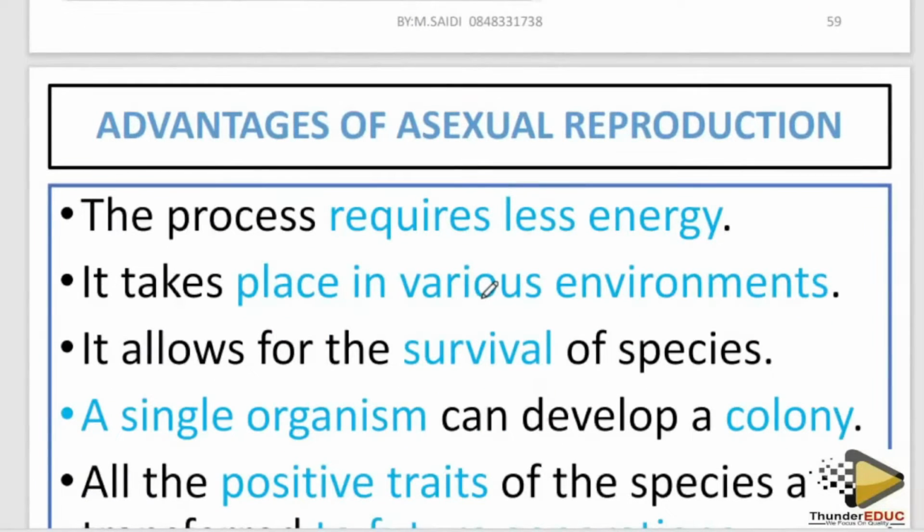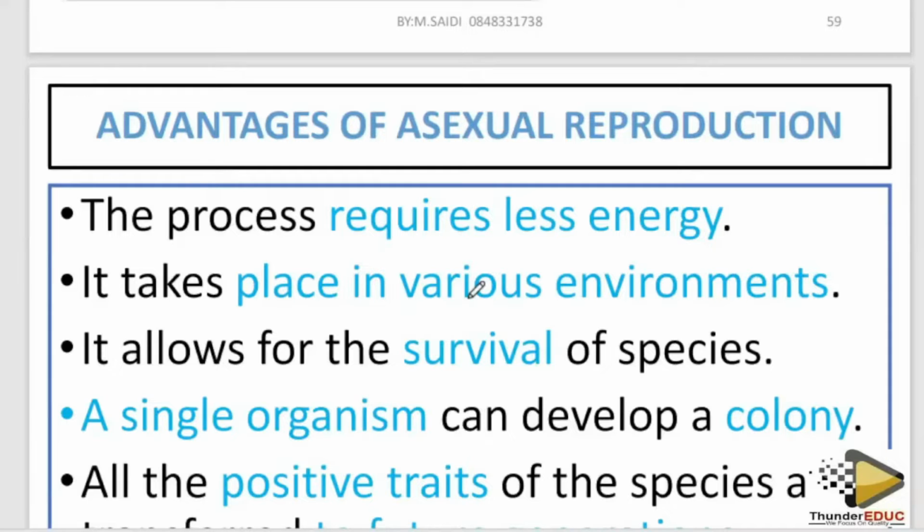What can I say here? Yes, you can read, because sometimes they bring a table for you to draw the similarities and differences between asexual reproduction and sexual reproduction. Asexual reproduction requires one individual. Sexual reproduction requires two. Asexual reproduction uses less energy.